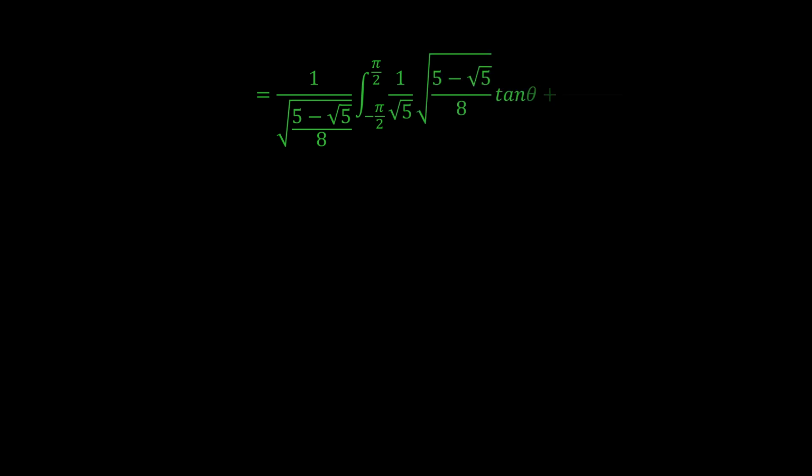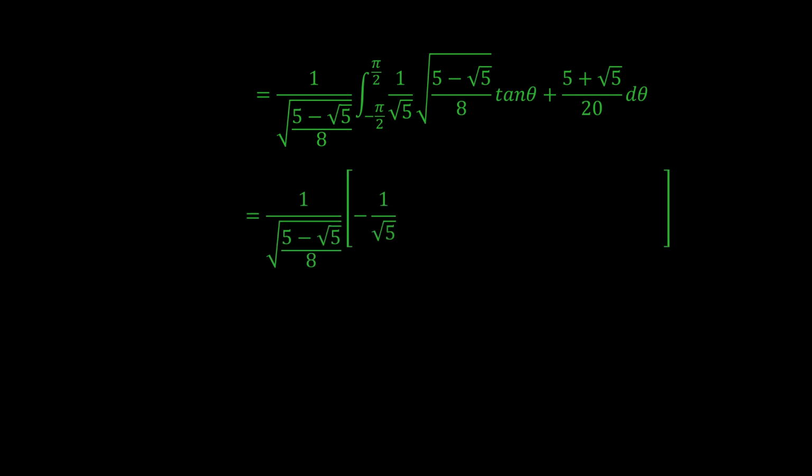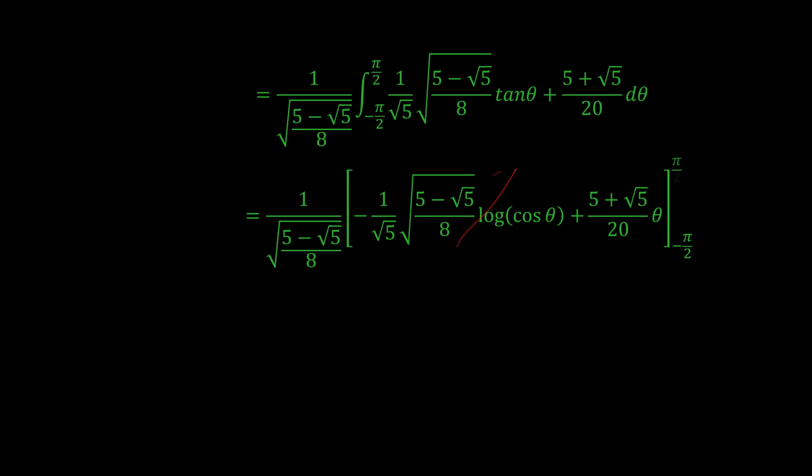Tan theta can be integrated to the natural log of cosine theta, and we already know that with the limits of negative pi over 2 and pi over 2, this here tends to 0. And so we are left with 5 plus root 5 over 20 theta, which when you include the limits, right?